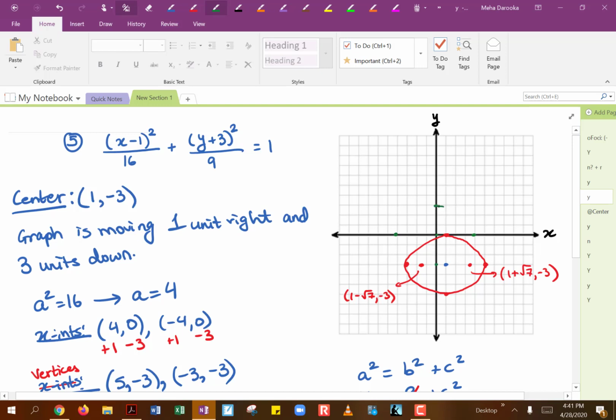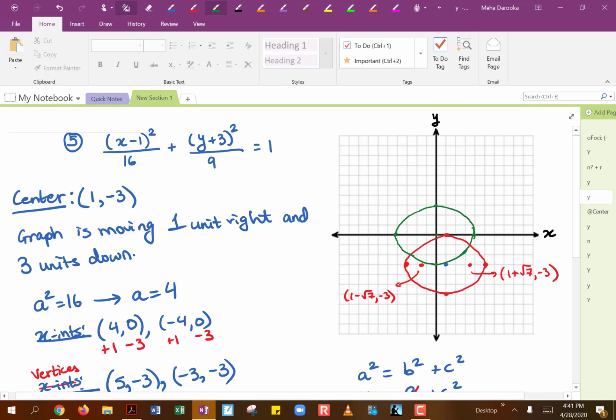So this is kind of what your original ellipse would have looked like, something like this. And like I said, it moved 1 unit to the right and 3 units down.